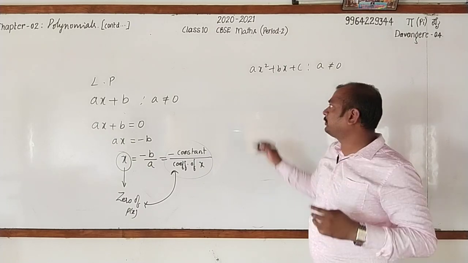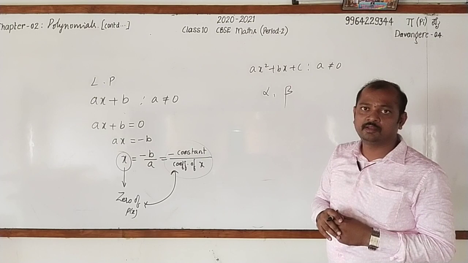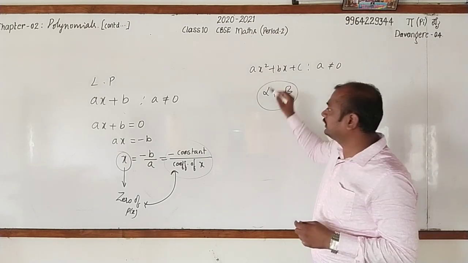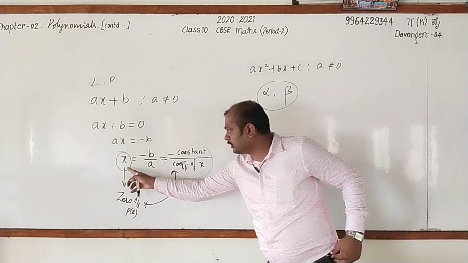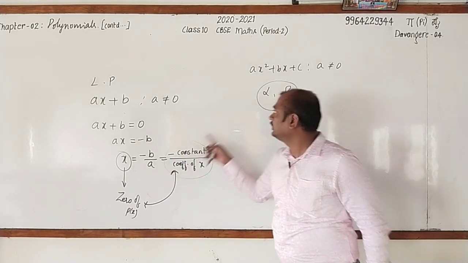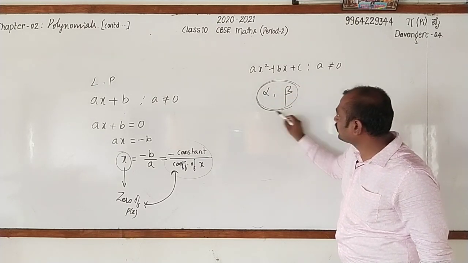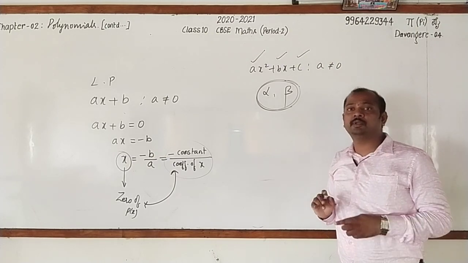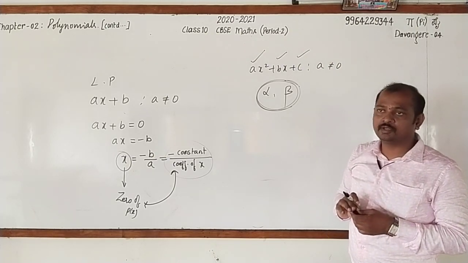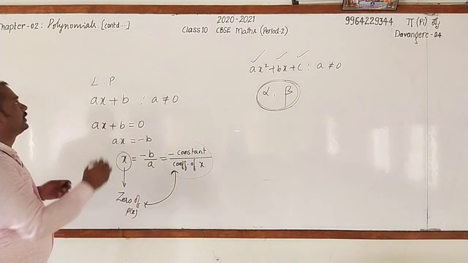We know that a quadratic polynomial has two zeros, they are alpha and beta. So if there is a relationship between the 0 and the coefficient here, there must also be a relationship between zeros and the coefficients of a quadratic polynomial. Understood? Yes. Now we can write the heading.